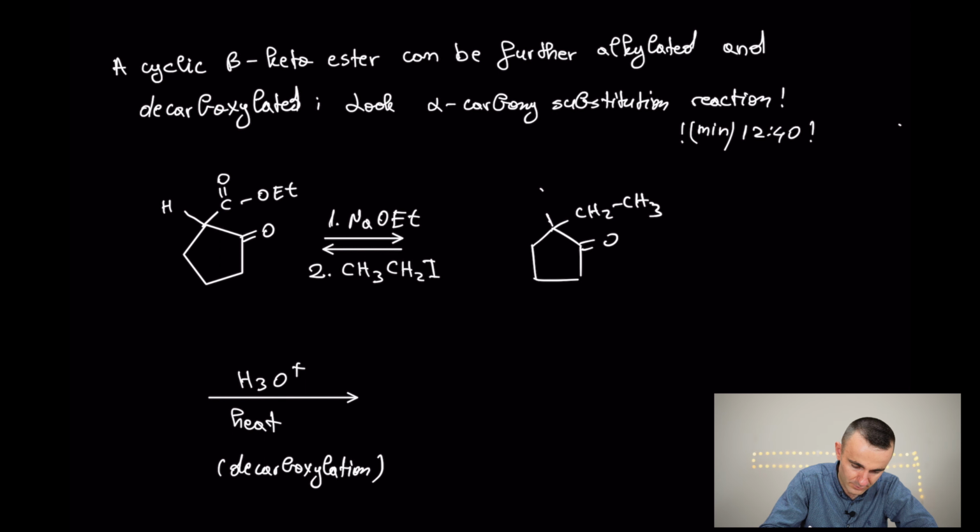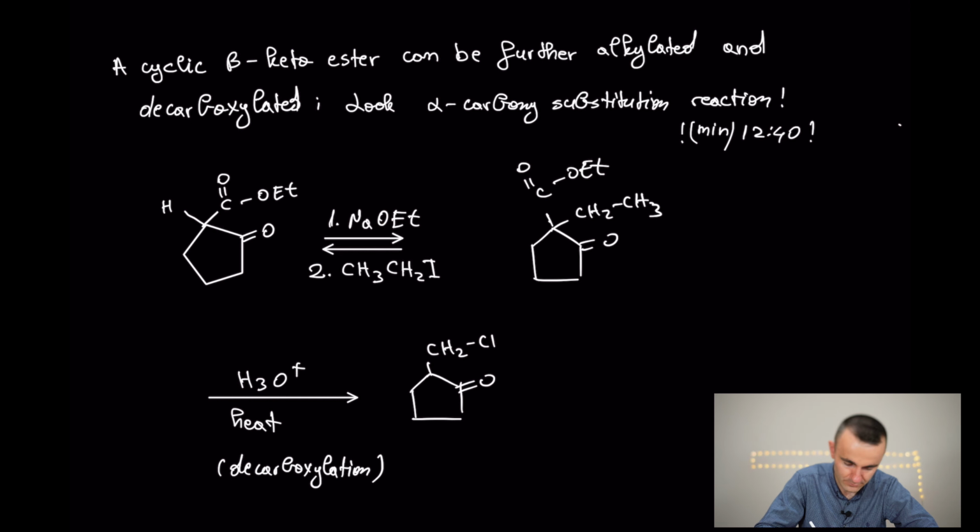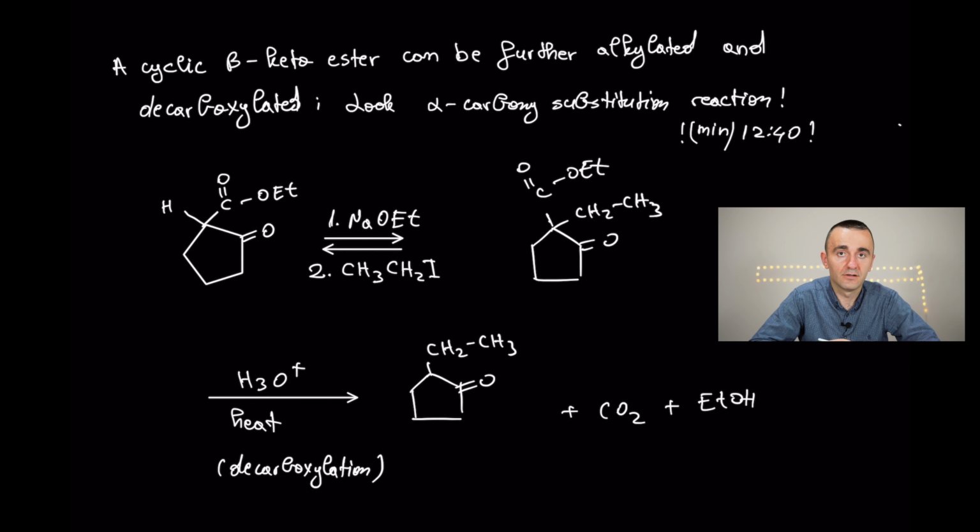And here you're going to have, if you treat that with heat and acidification, usually hydrochloric acid, hot hydrochloric acid, you're going to have as a final product this product, right? Plus CO2 plus ethanol, right?